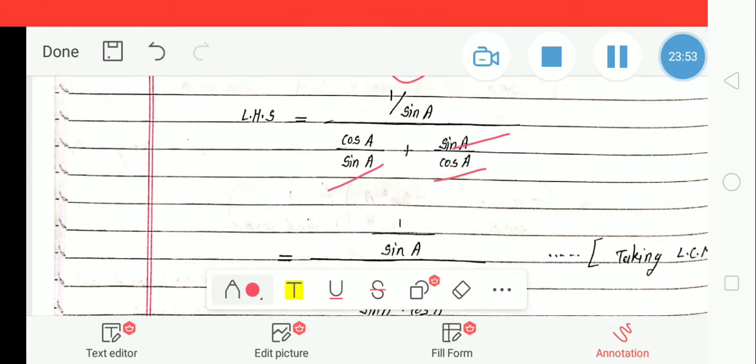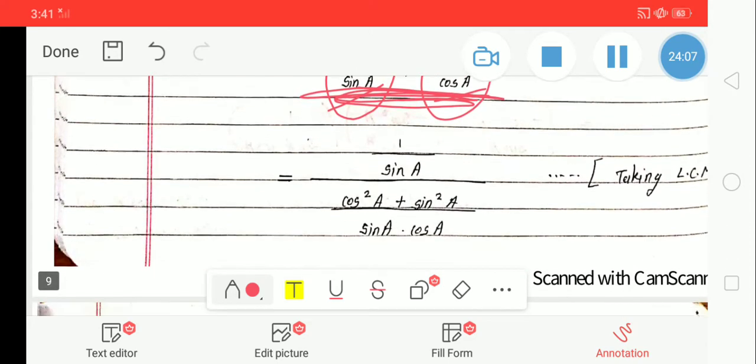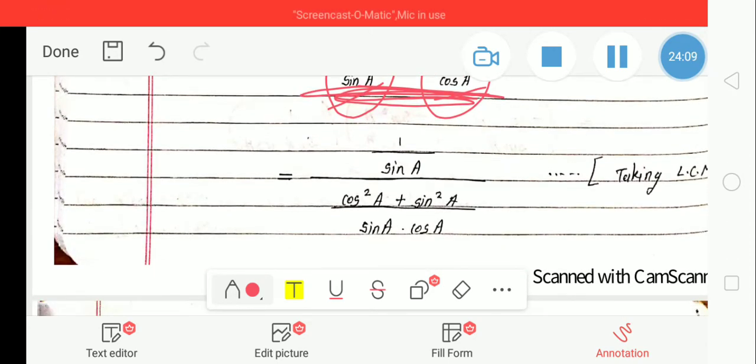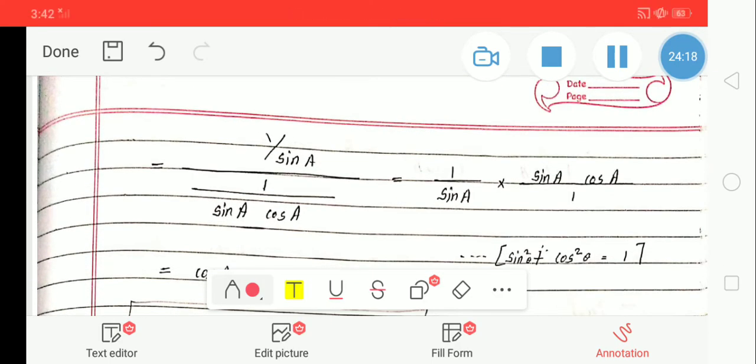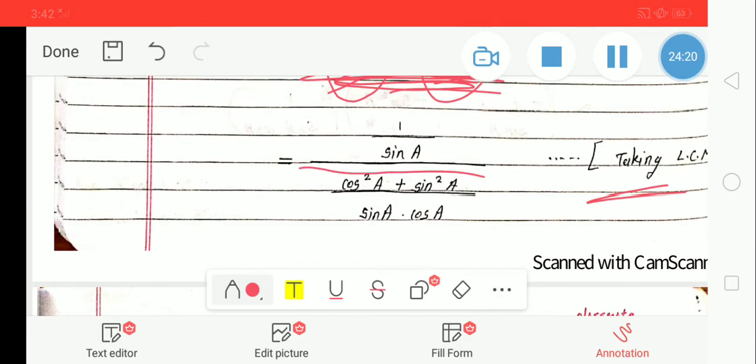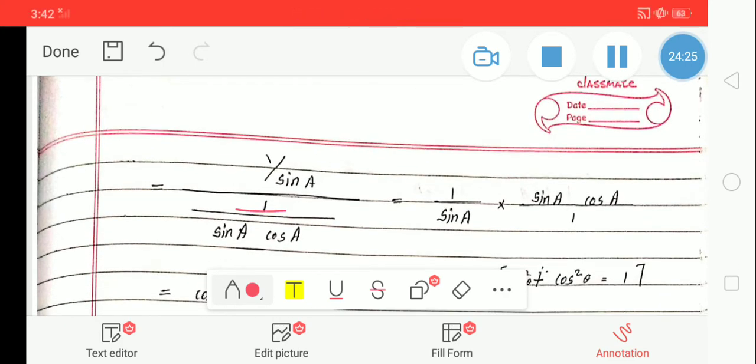Now again we multiply this term by cos A and this term by sin A. In this, both bases are the same, so now we take the addition. So cos square A plus sin square A over sin A multiplied by cos A, taking the LCM. We know that sin square A plus cos square A is equal to 1, so we take 1.